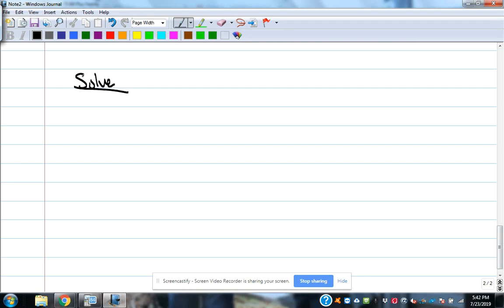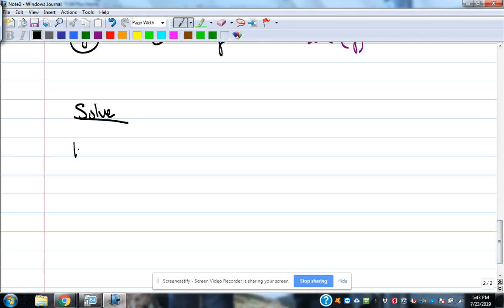So instructions are to solve, and let's say we had log base x of 16/9 is equal to 2. Well, that's an equation. It's got a logarithm in it, and a lot of times that makes it tough to deal with because it's a log base x, and so we don't even know what number the base is.